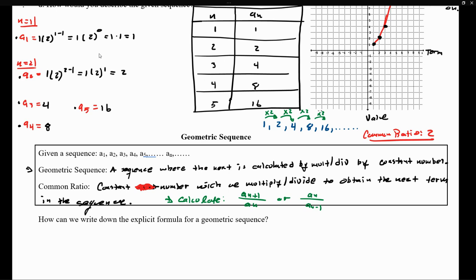If you divide it by the term that came before it, it should give you the value of the common ratio. Take a look. 16 divided by 8, well, that's 2. 8 divided by 4, well, that's 2. 4 divided by 2, well, that's 2. 2 divided by 1, so that's 2. So to calculate the value of the common ratio, all you got to do is just get a term and divide it by the previous one.